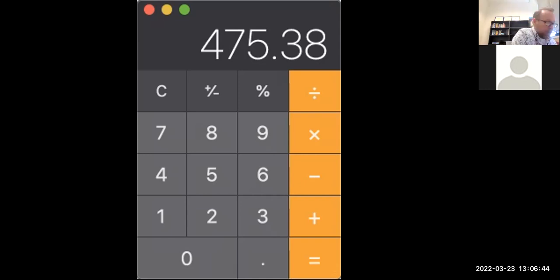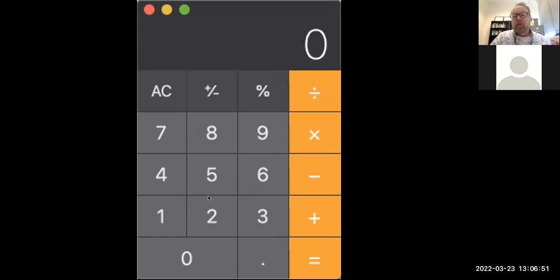For 475.38. Then we have to figure out how many payments we're going to make, right? If we have 25 years and there's 12 months in every year, that means we're going to have a total of 300 payments.